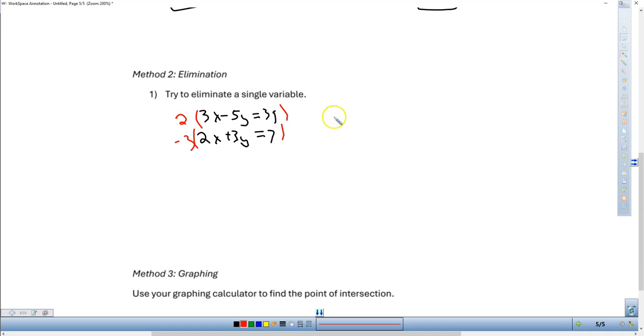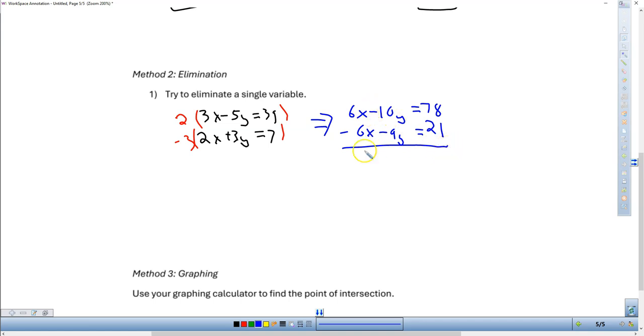So let's go ahead and make the top our change here. This is going to transform into 6x minus 10y equals 78. And our bottom is now minus 6x, and that's going to be a minus 9y is equal to 21.